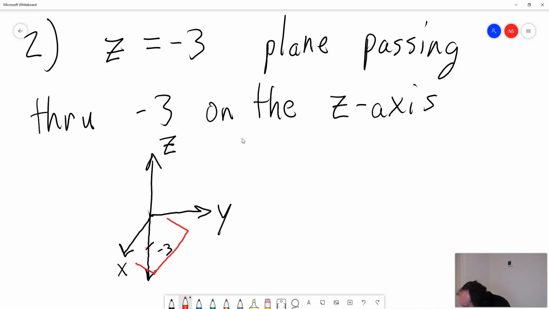All right, and it's difficult to draw because I'm not a very talented artist, but I'm going to try to sketch it anyway, just so you can see how people draw them by hand. Okay, so that is supposed to be a plane passing through -3 on the z-axis. That's actually a really bad drawing, so let me try to fix that up a little bit.